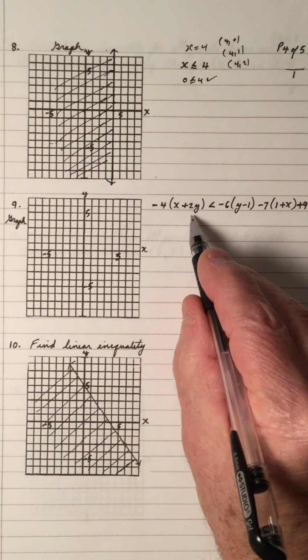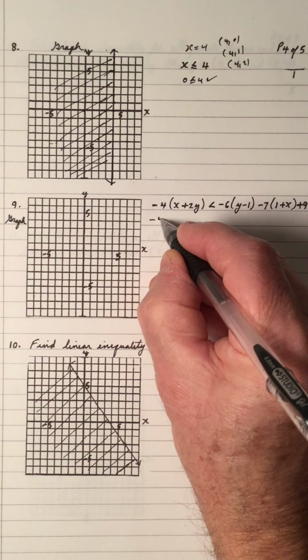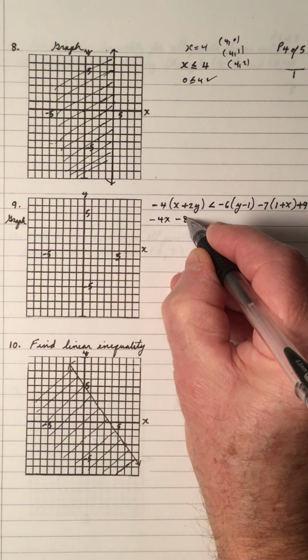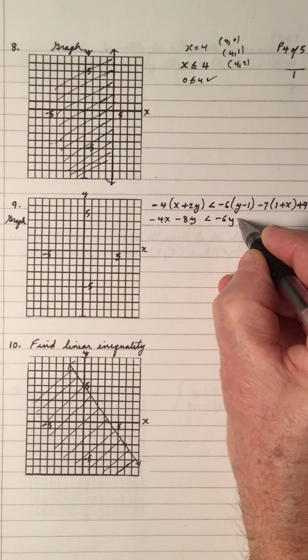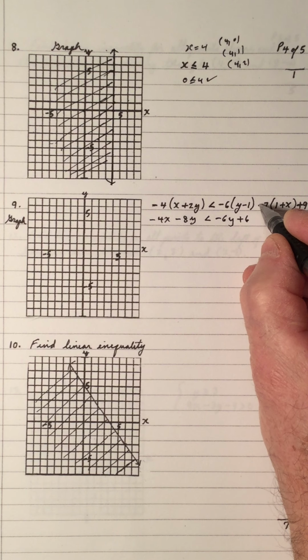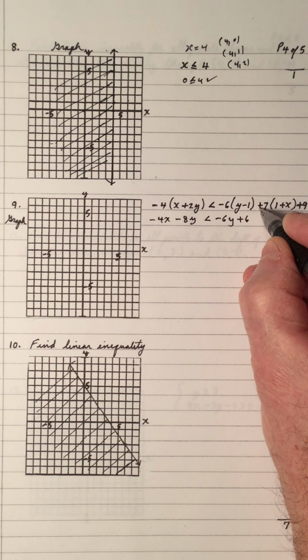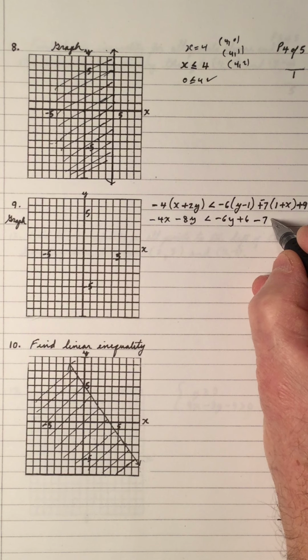And we have y's and x's, so we're going to remove the brackets. Negative 4x minus 8y less than negative 6y plus 6. And that's a negative 7. So subtract 7 could be plus a negative. So negative 7 times 1 is a negative 7.